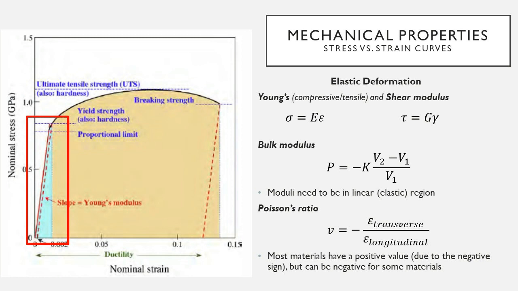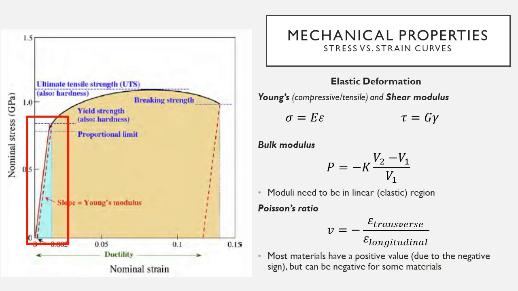Whenever I say elastic, I think of things bouncing. And if you can deform something only to a certain point where you know it can withstand that amount of deformation and then bounce back to its original shape, it's called elastic deformation. And we'll also talk about inelastic or plastic deformation, which is where you deform something so much that you permanently alter it and then it can't go back to its original form.